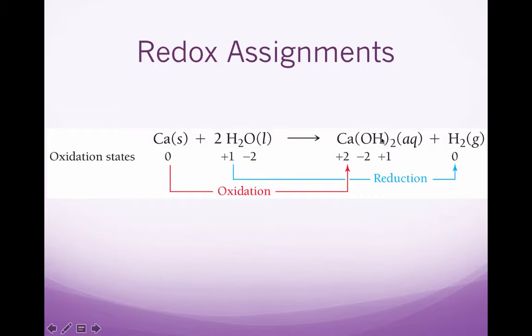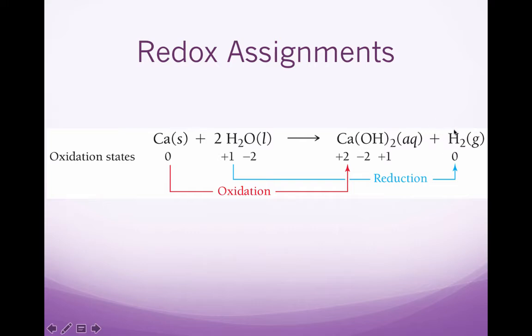Again, we have to go in the hierarchy for the rules. So hydrogen is +1. Then we assign oxygen. Oxygen is -2. And so calcium has to be +2 in order to do the charge balance. And calcium, since it's a group 2 metal, is always going to be +2.